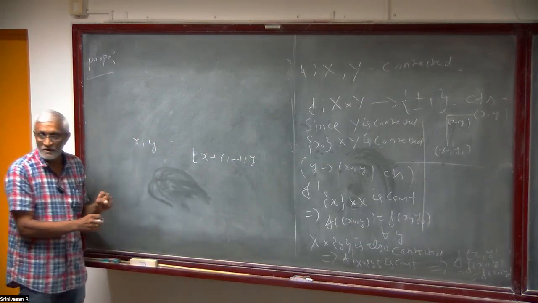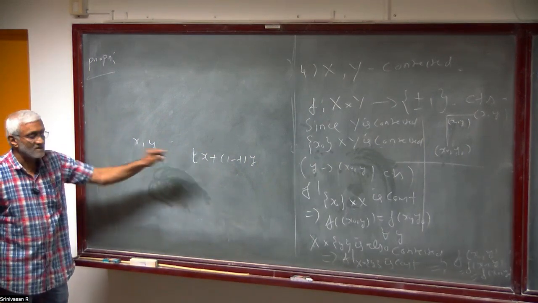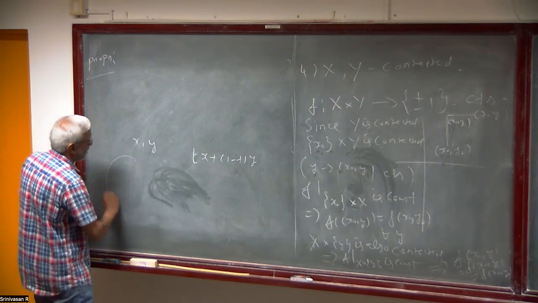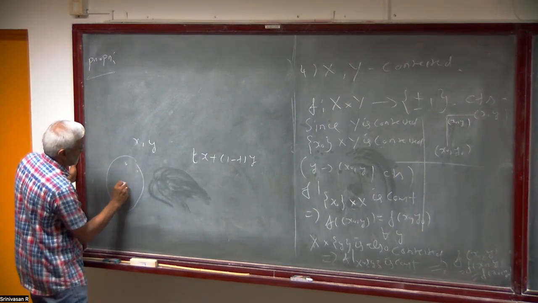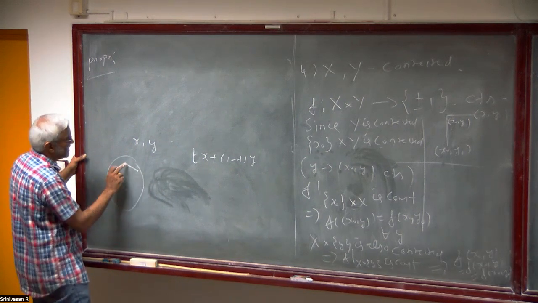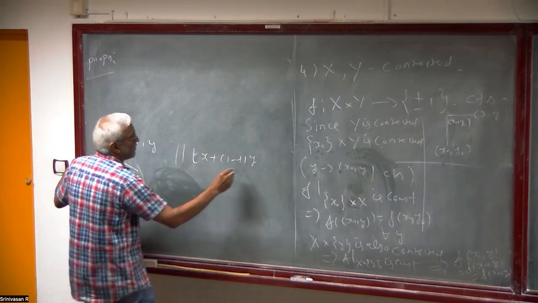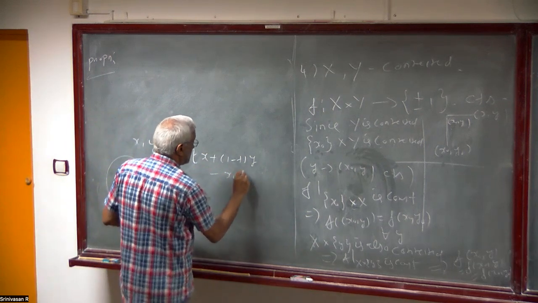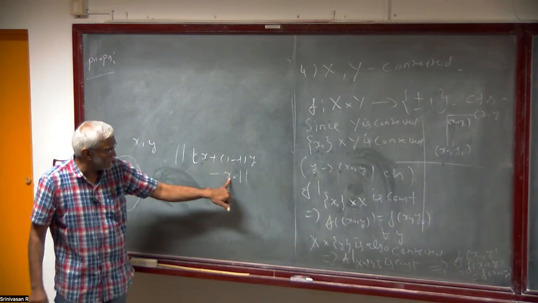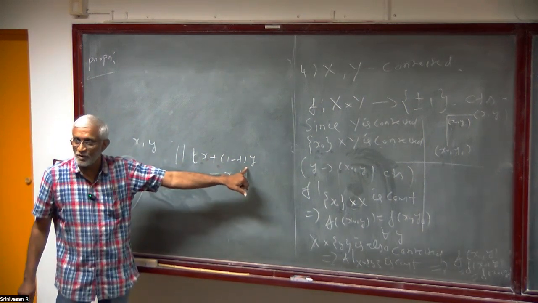If it's an open ball, then this line is contained in the open ball. You can prove this as an exercise: if you have a center x naught, and the norm of x minus x naught is less than r, then you can write x naught as tx naught plus (1 minus t)x naught.